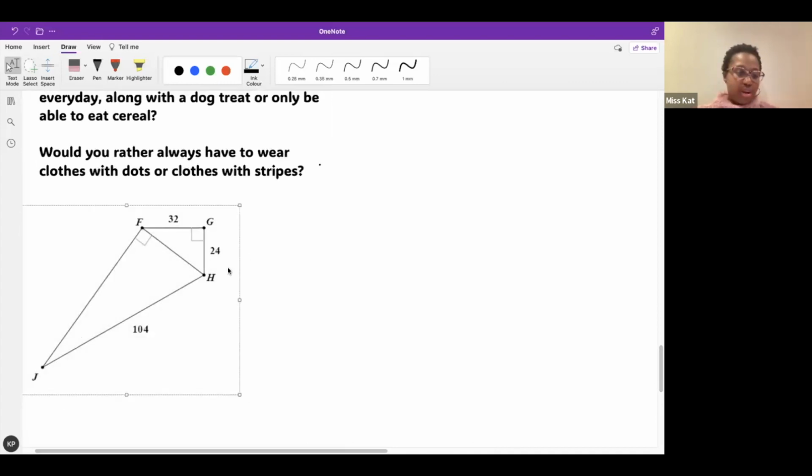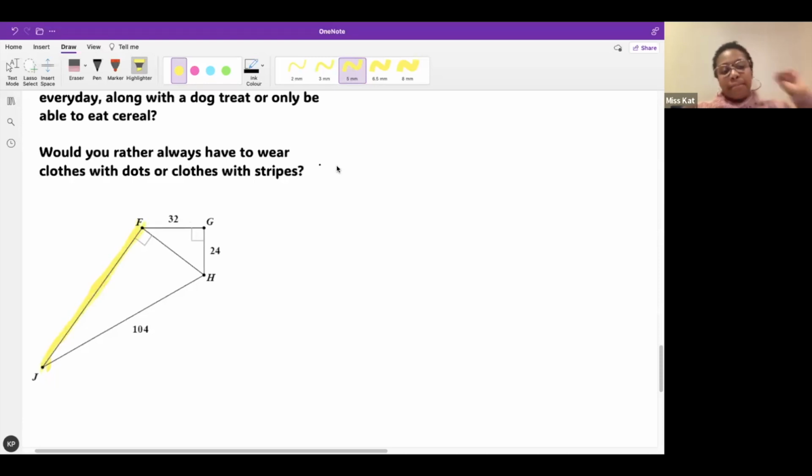Now I want to know the length of JF, which is there. Any ideas how we're going to get to JF, or does anyone want to do this one with me? Siam Tanda. Hello, ma'am.